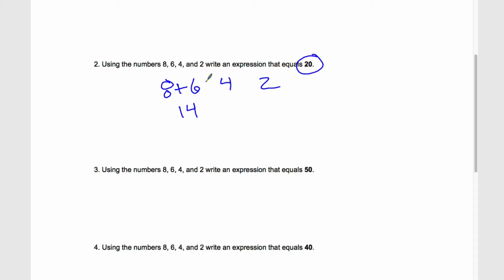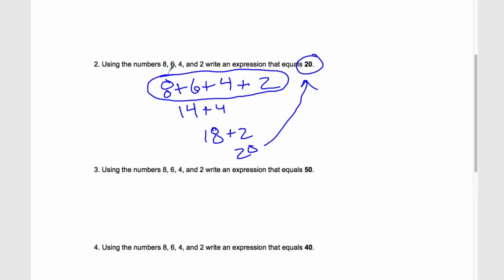What if I do another plus? What's plus 4? That gives me 18. And another plus. That gives me 20, which is what I wanted to begin with. So here, that would be our answer, plus between all of them.